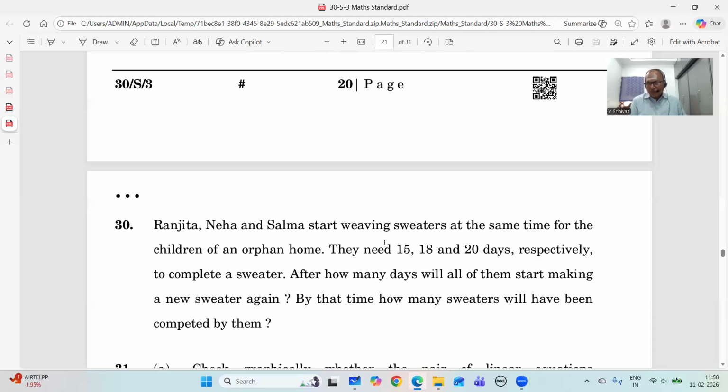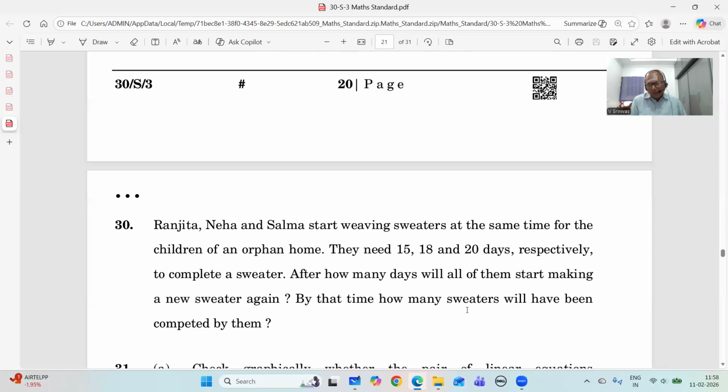But once they start at one particular time, the next time all of them start weaving new sweaters becomes the LCM of all these. Okay, so we'll calculate the LCM. That gives us the number of days after which all of them start making a new sweater again.